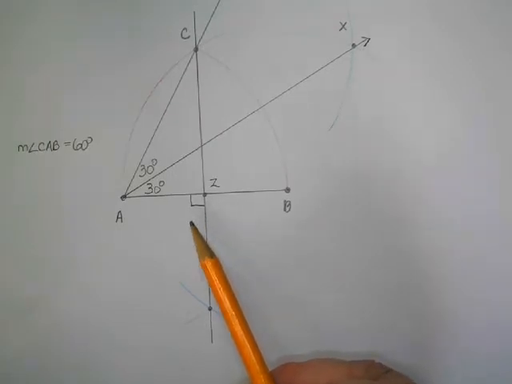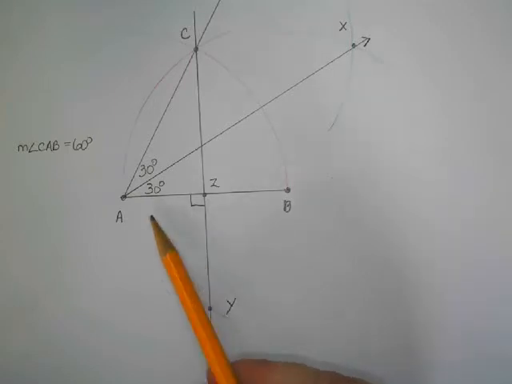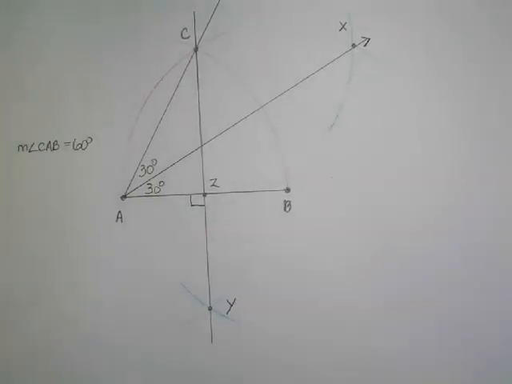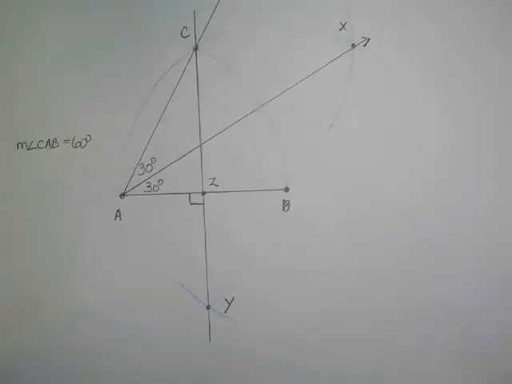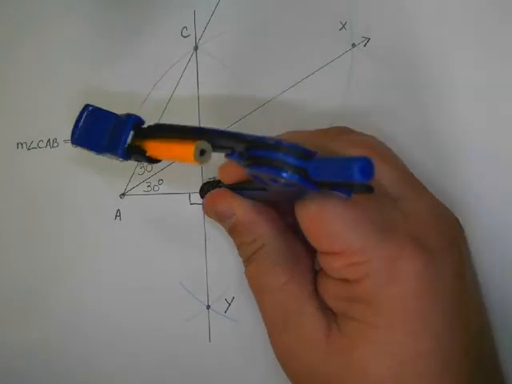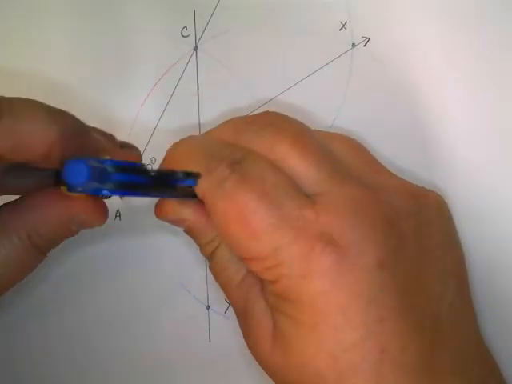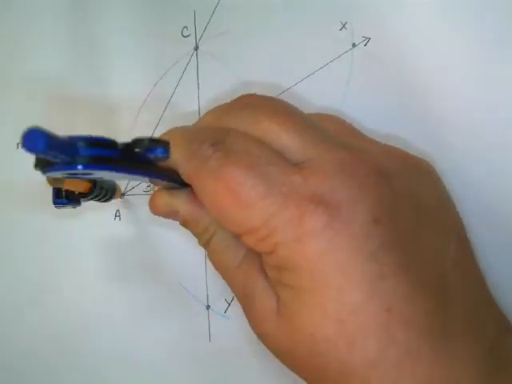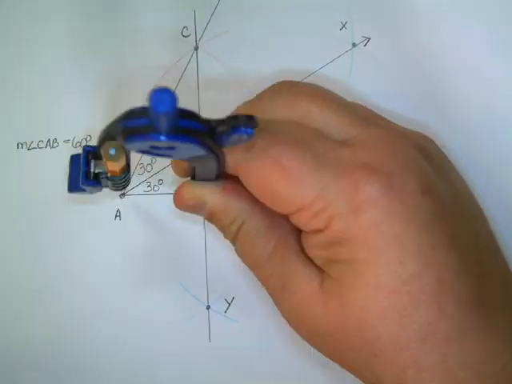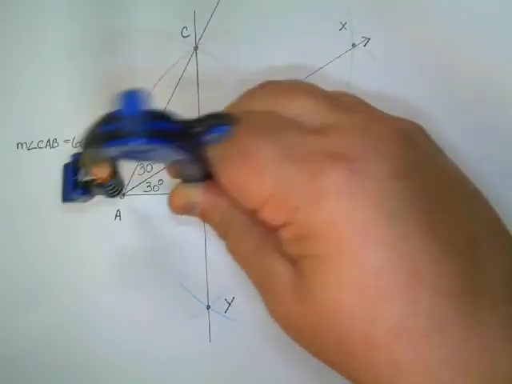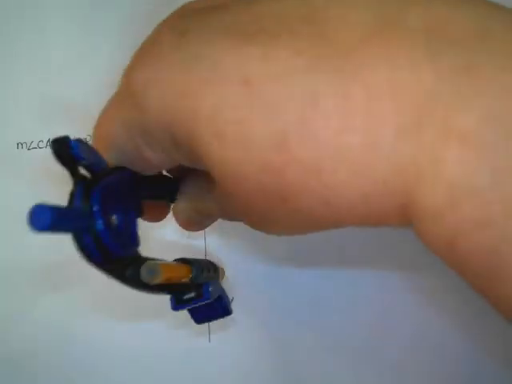The last step I need to complete my construction of a 75-degree angle is to get the 45-degree angle. And I want to do that by creating an isosceles right triangle, which has two congruent sides. One of the congruent sides I'm going to use is AZ. So I'm going to copy segment AZ onto segment ZY.